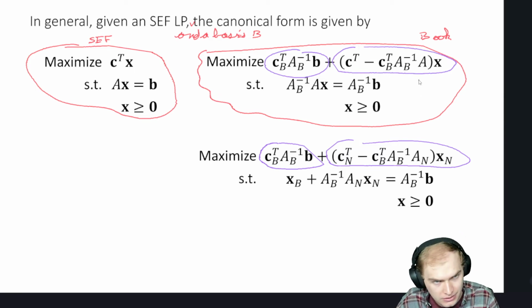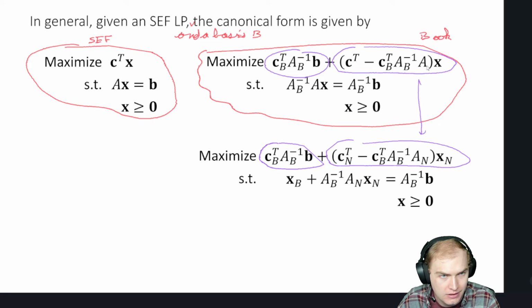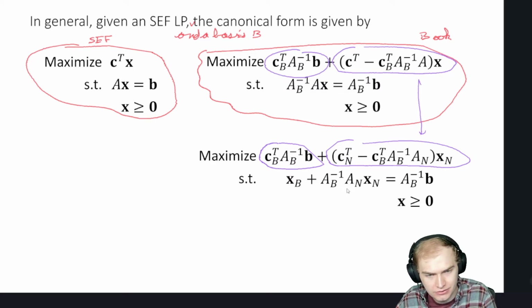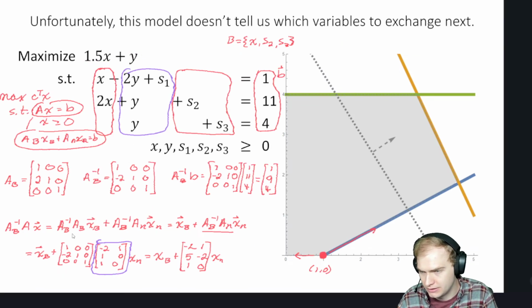The only difference between these two is that we've expanded out this A into AN plus AB, and then shuffled things around and canceled out some of our basic components, which is the same thing I've done in the constraint. Just pulled out the XB like we did here.